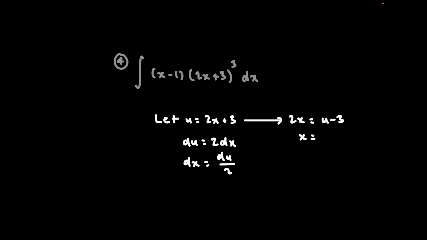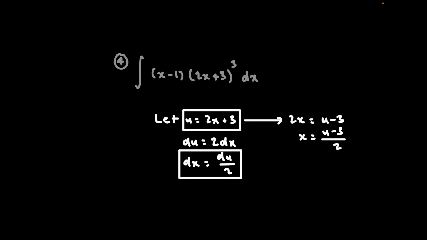That means x equals u minus 3 divided by 2. So there we go. We have everything that we need to substitute into this equation. We have u, we have what dx is, and we have what x is.